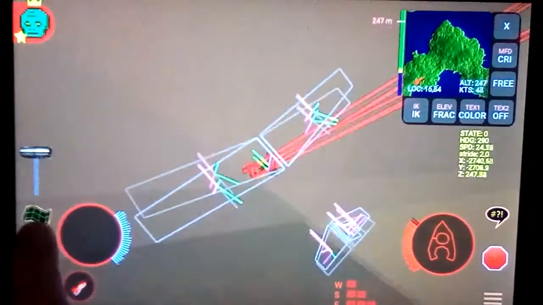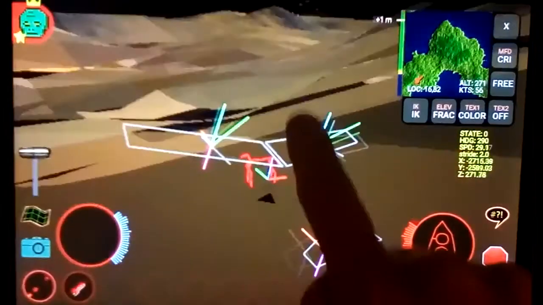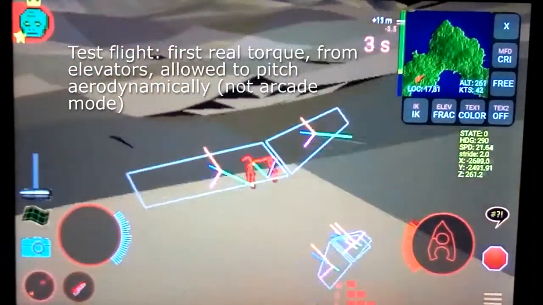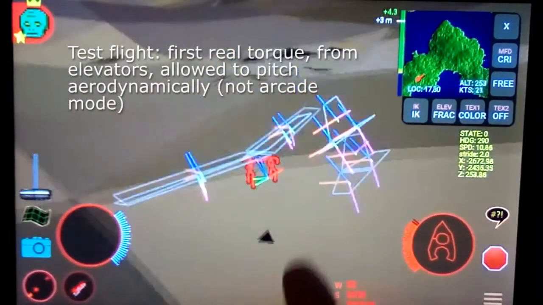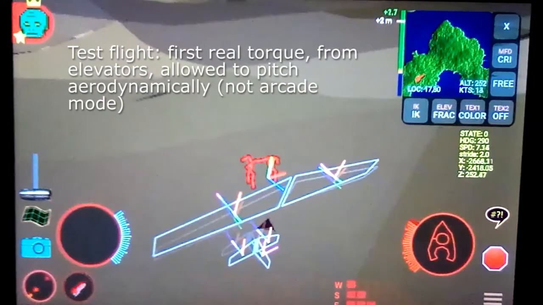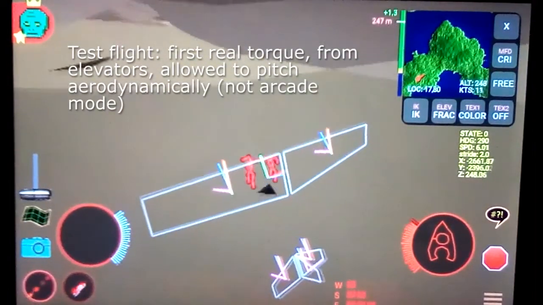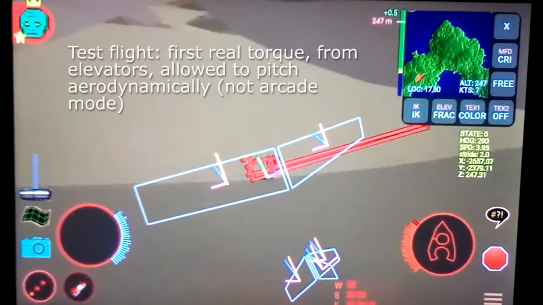I also made it so that, oops, what just happened? If you turn the throttle off, you'll eventually bounce to a stop, and the plane will sort of right itself, and then you can try for a level takeoff again.